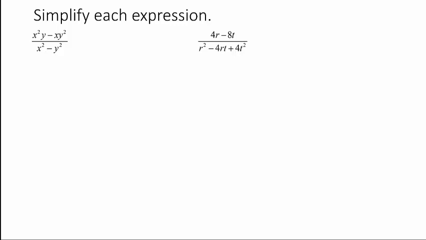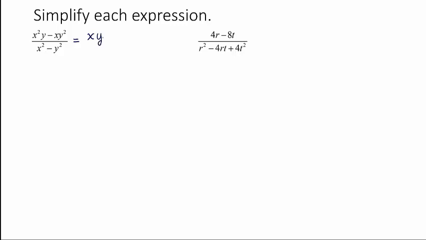In this first example, we have x squared y minus xy squared in the numerator, all divided by x squared minus y squared. The first thing I'm going to look for is what can I factor out? In the numerator, I notice that both of the terms have an x, and each of those terms also has a y.